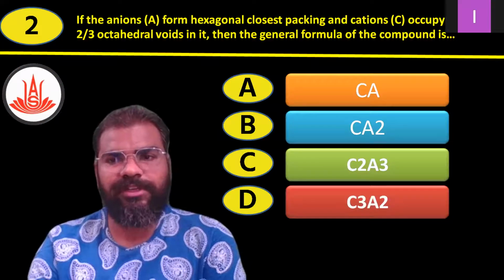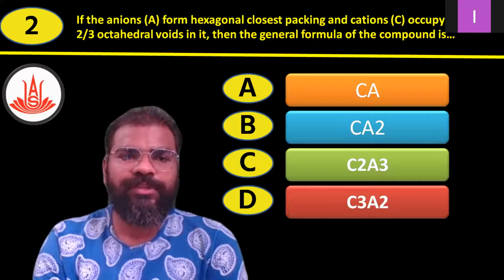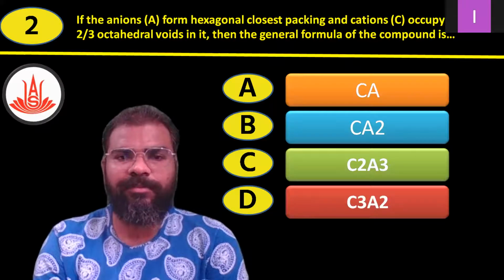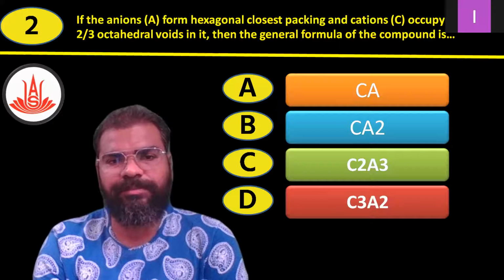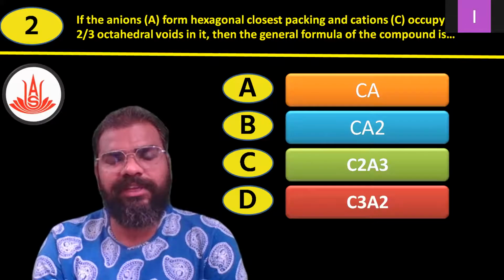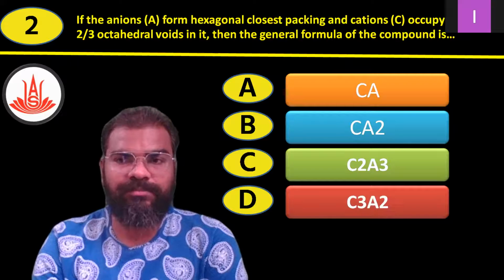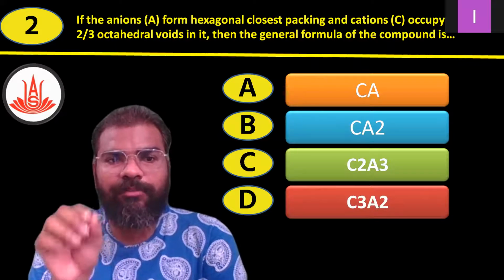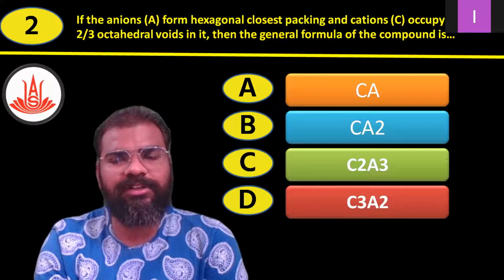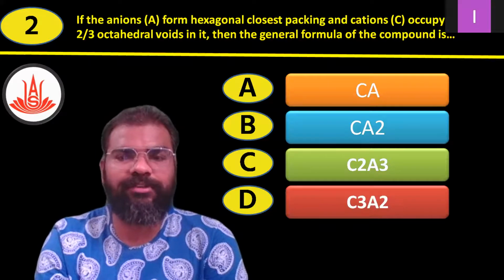Next, question number 2. If the anions capital A form hexagonal closest packing, HCP, cations capital C occupy only 2 by third of its octahedral voids. Not completely the octahedral voids, but 2 by third of them.